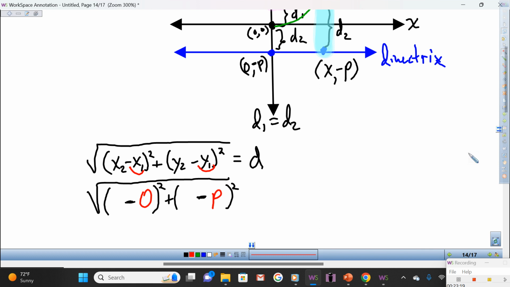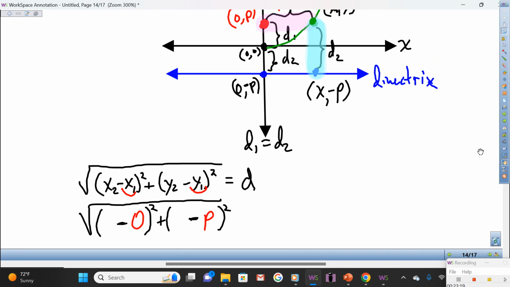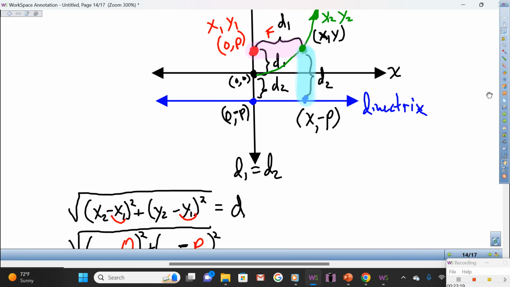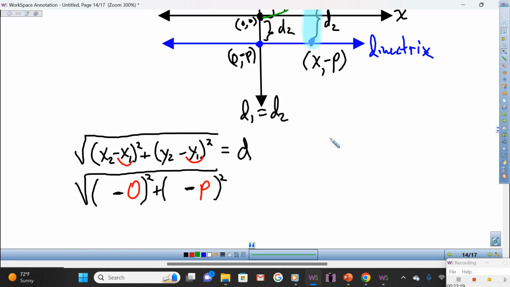Focus. Which means for x sub 2, y sub 2, I'm going to substitute what? X and y. Okay, we good? Yes? All right.